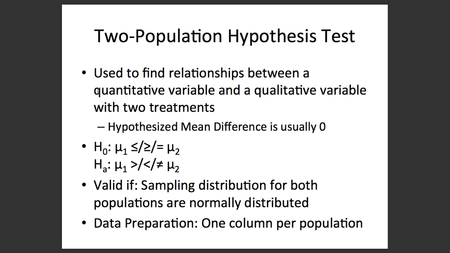So if we can show that the two averages are different, if one is bigger or if one is lower, or if the two are just not the same, then that's enough for us to say that there is a relationship between the two variables.